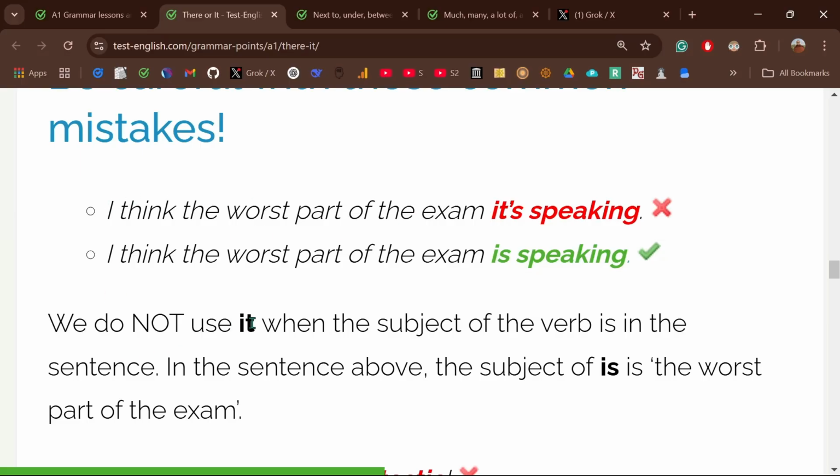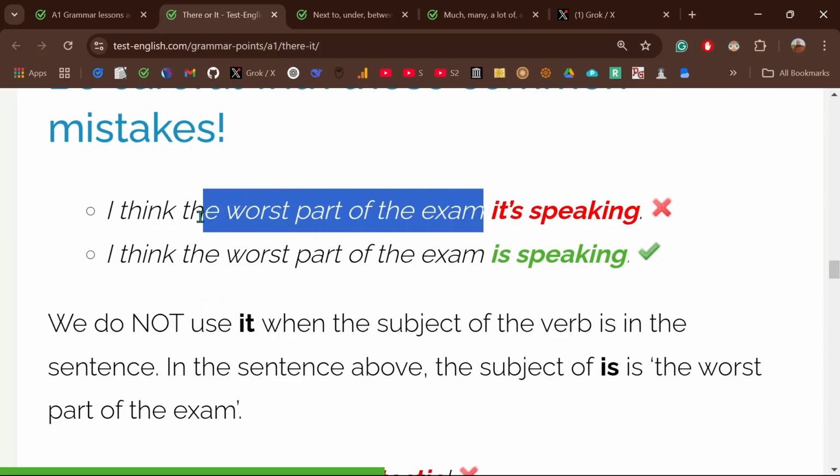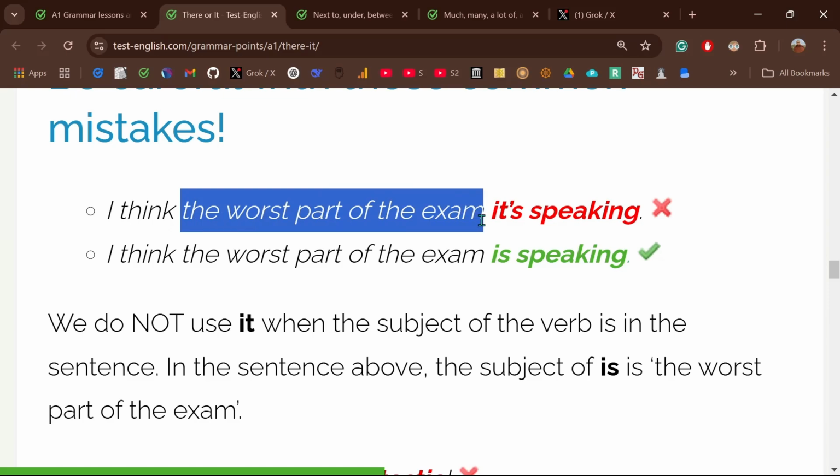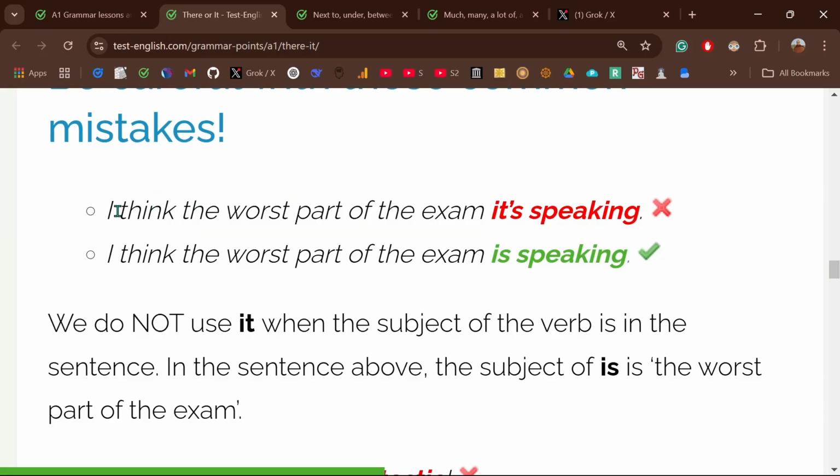We do not use "it" when the subject of the verb is already there, the worst part of the exam, you see? This is the subject of the clause. "I" is another subject. "Think" is a verb. And now you have a new clause. This is a subject, the worst part of the exam. This entire clause is acting as the object of "think."